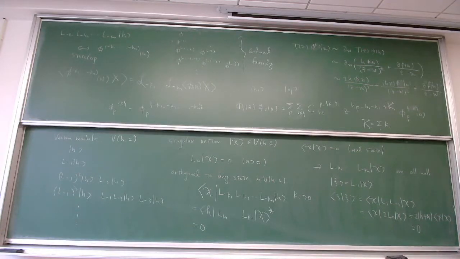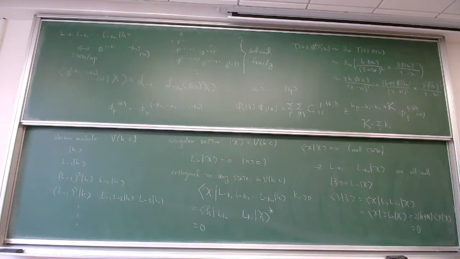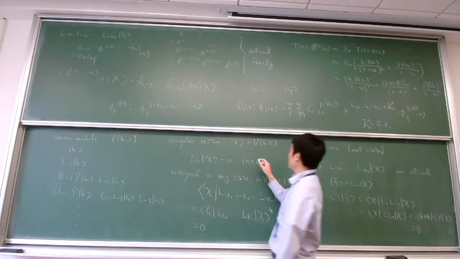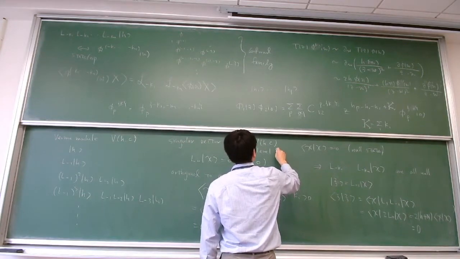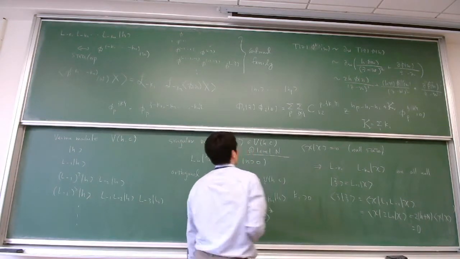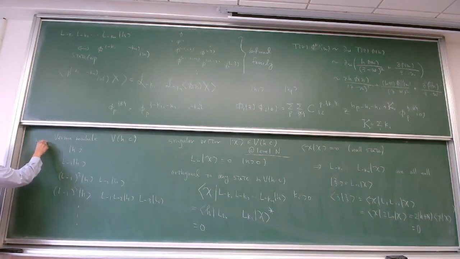Likewise, you can just take the inner product. You can easily see that at the end of the day, this n is the level of this chi. You recall that the level is 0, 1, 2, 3, and so on.